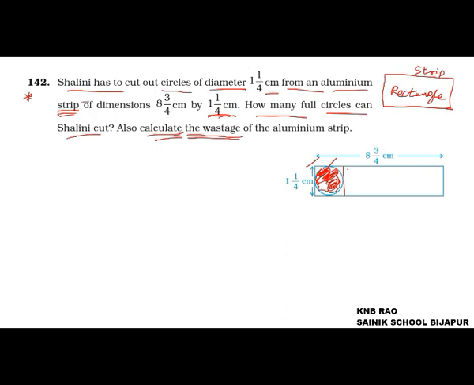That means we cut along the length. When we are cutting along the length, we have to find how many such circles can be accommodated along the length. How many circles we can accommodate along the length gives us the number of circular pieces that we can cut. So this is, in toto, what you have to understand.